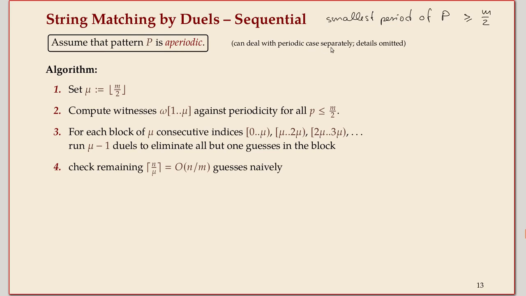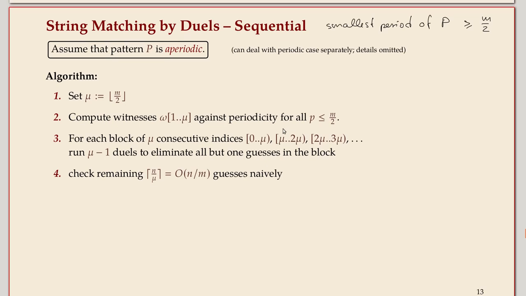And we won't discuss the case if the pattern is periodic. That requires slightly different tricks. They're not necessarily more complicated, but this is the one that has novel insight, so I want to present it to you. Whereas we won't make it to a full parallel algorithm in all the details. That would lead us too far.